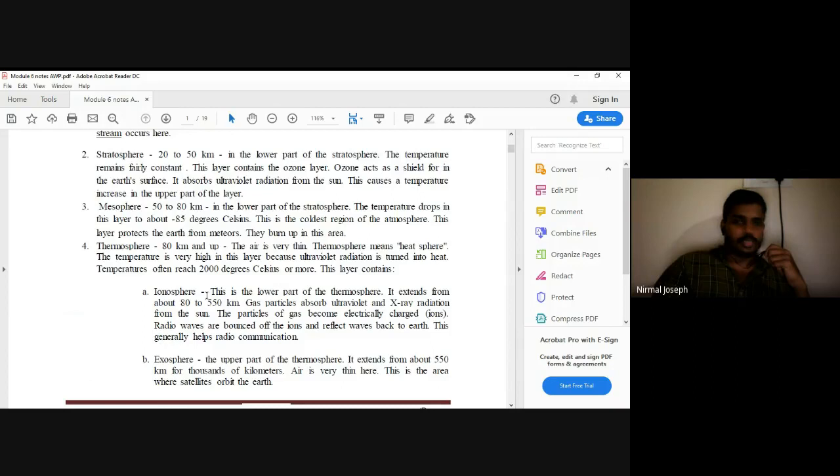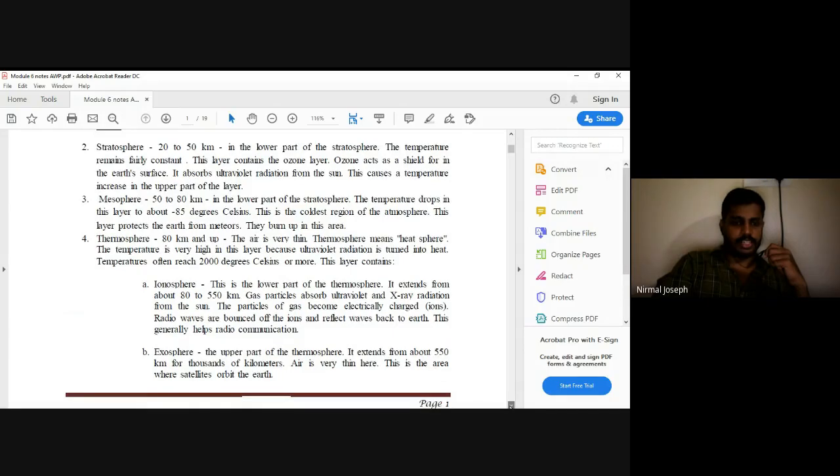That's why this region is called the ionosphere, the sphere of ions. In this region, the atoms will be ionized. Radio waves are bounced off by the ions and reflected back to the earth. That's how radio communication works. In this region, the reflection of radio waves is happening. We will study everything in detail.